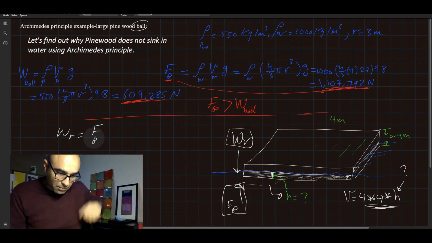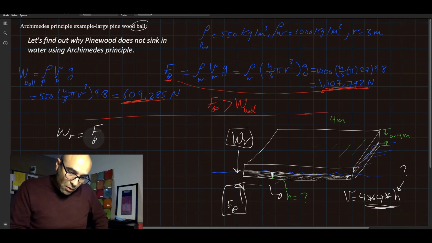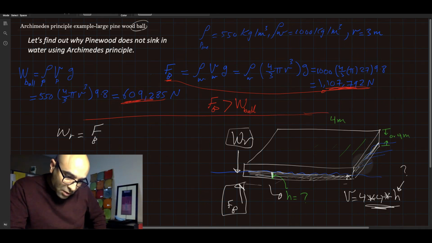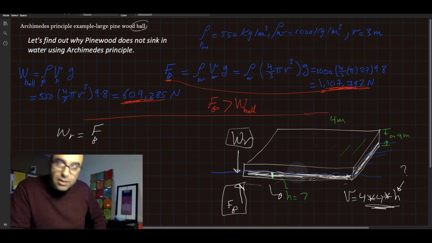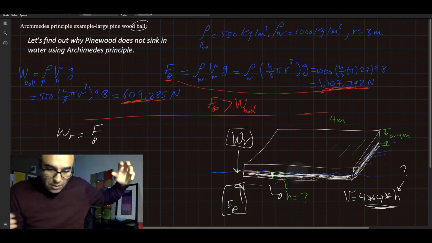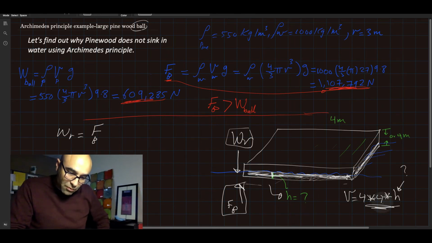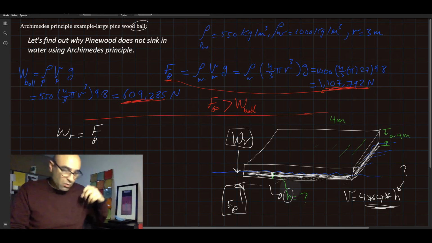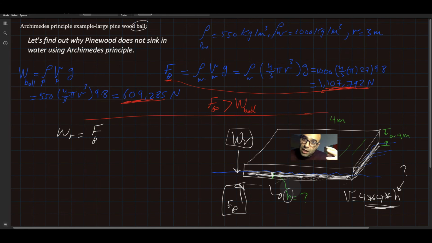Now, how much of the raft is underwater? The volume of the raft that is underwater, which will displace the same amount of water, is equal to 4 times 4 times h. So this is how we find h.